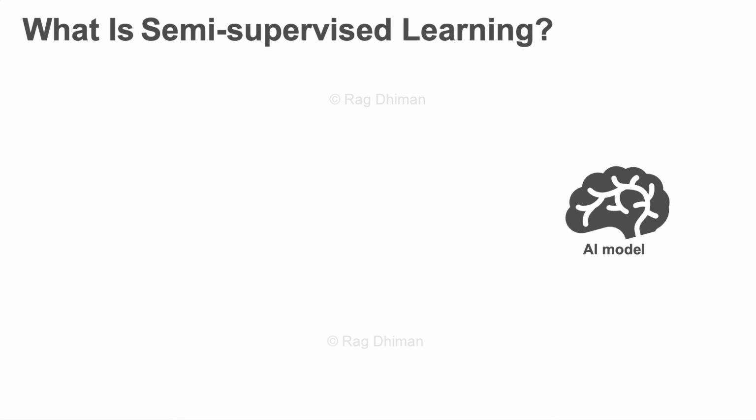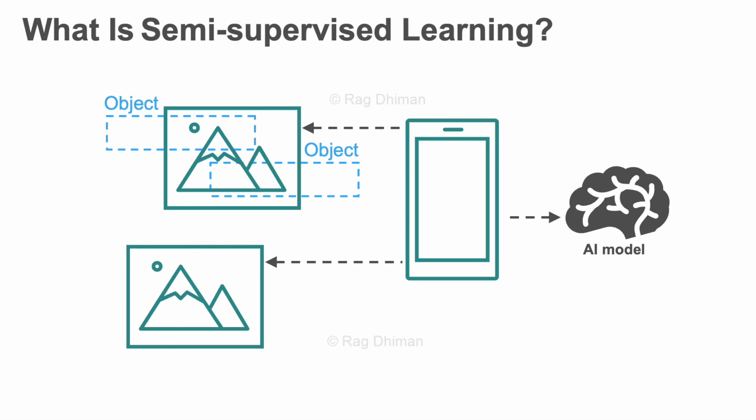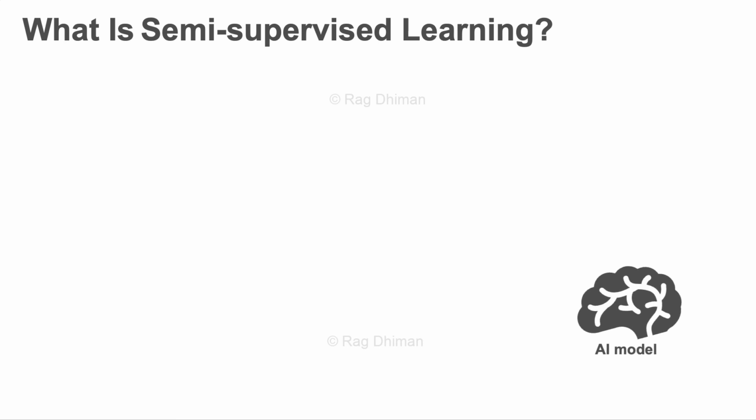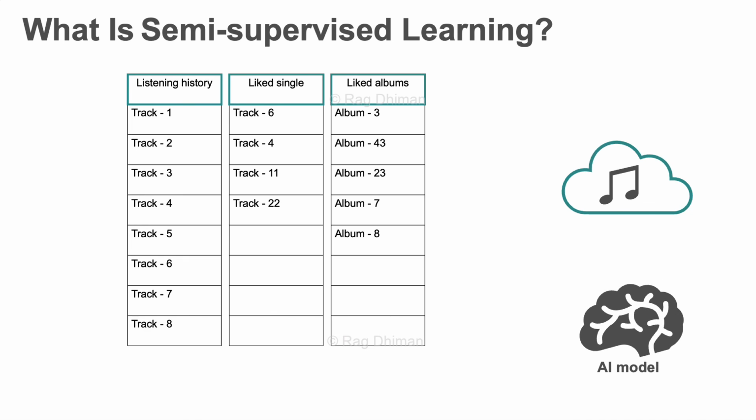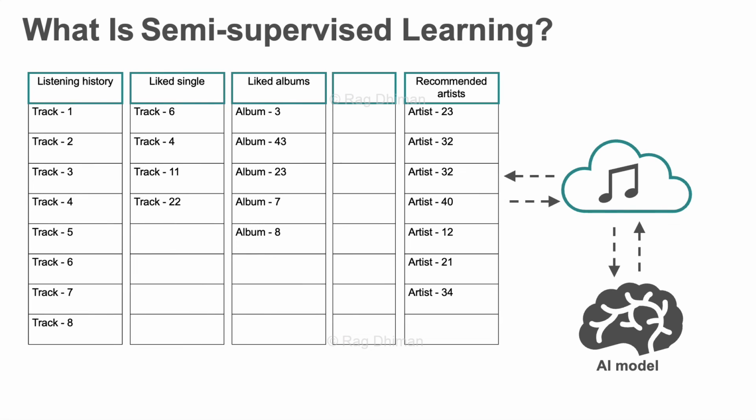Semi-supervised learning developed AI models can also recognize images or objects within images, a type of prediction that falls under the category of classification. An AI model developed and fine-tuned using semi-supervised learning can also be used to analyze your music history and then suggest other music artists and albums.